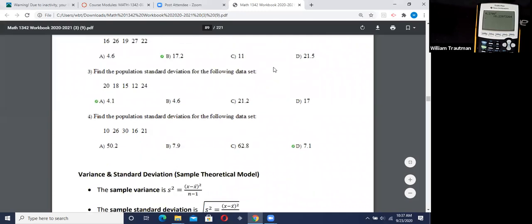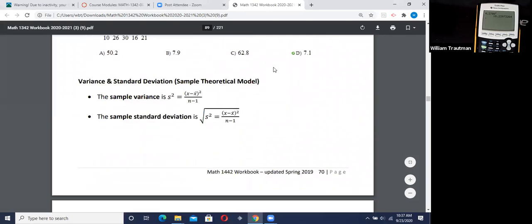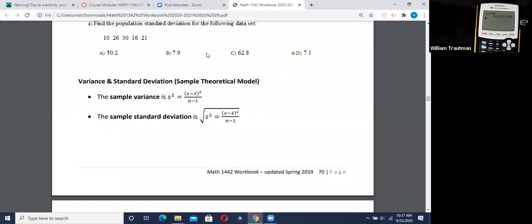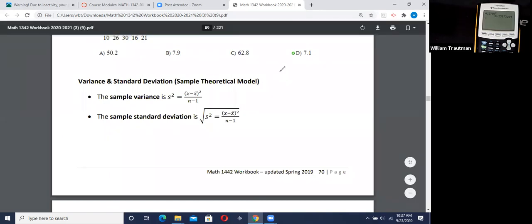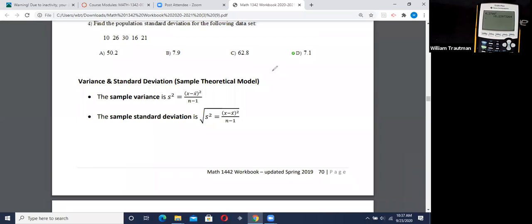All righty. So the same thing we just did for population variance and population standard deviation, now we're going to do just from a sample. So it's different. Sample variance is S squared.